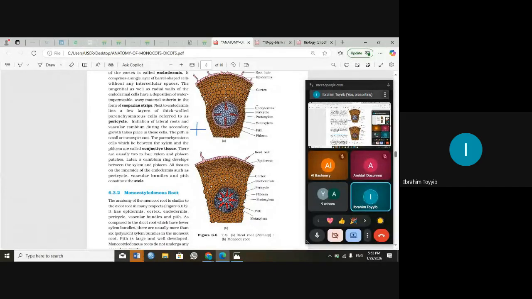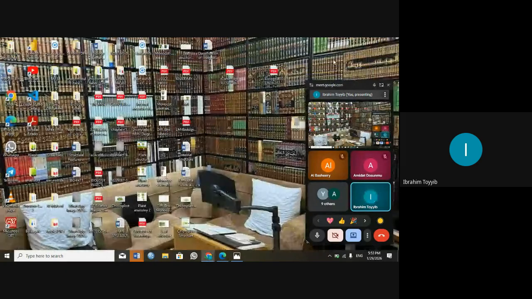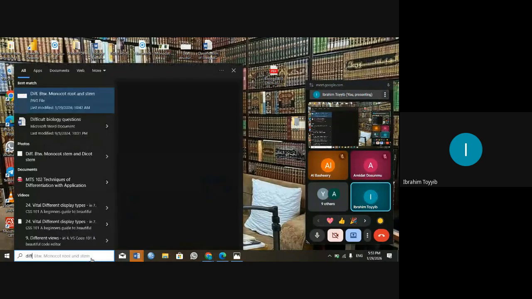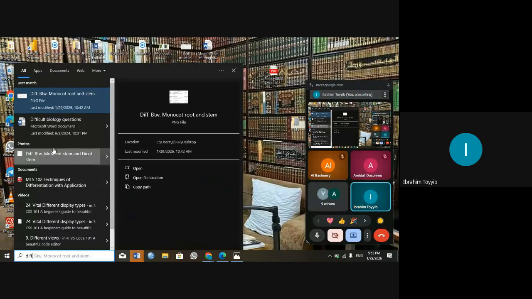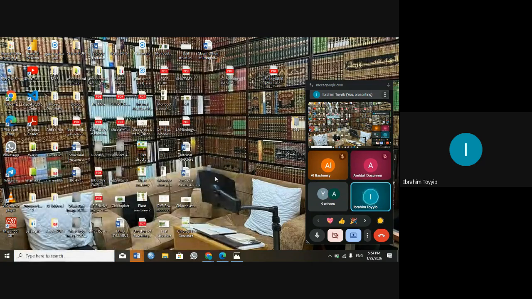We have looked at the functions of the tissues of dicot root and monocot root. Let's look at the differences. It is in between monocot root and monocot stem.